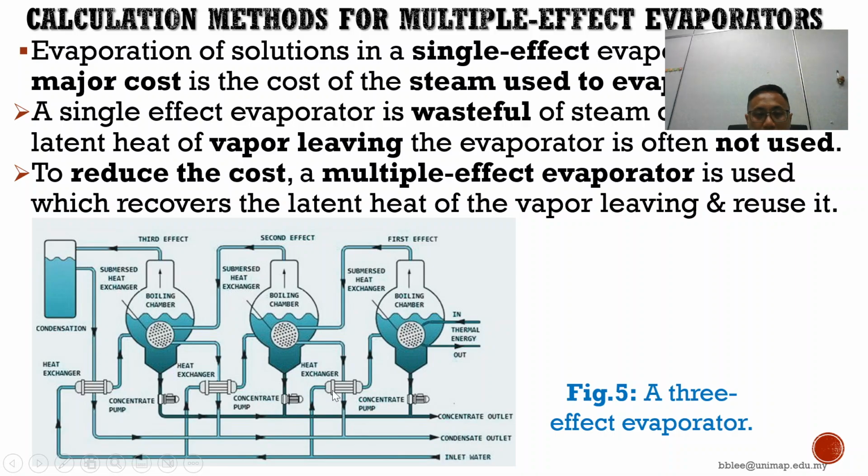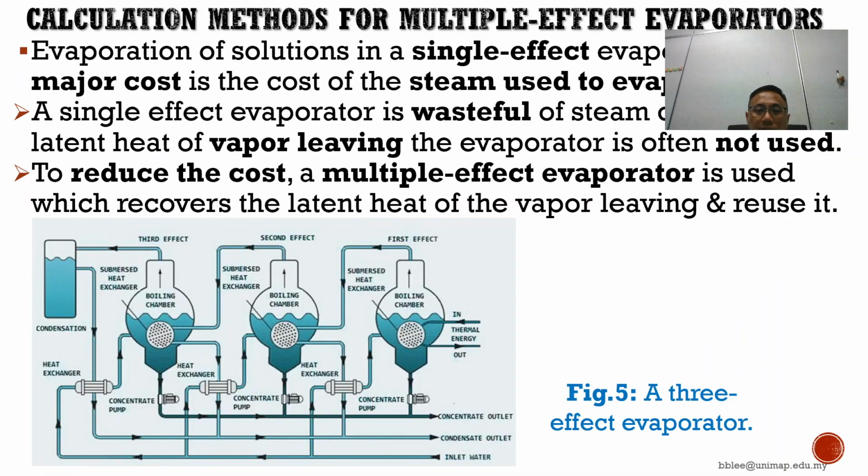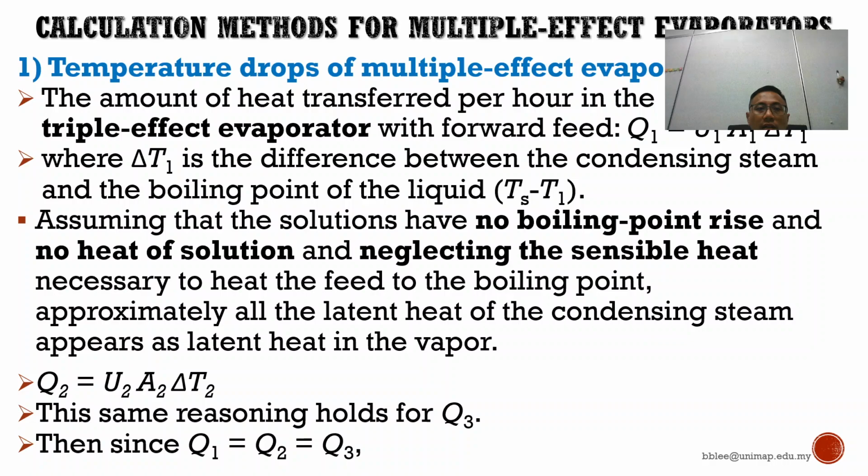From the first effect we get a slightly dilute product, from the second effect a slightly more concentrated product, and the third one will be the most concentrated product coming out of the evaporator. So this is a general schematic diagram of the multiple effect, three effect evaporator. Now, the first step of calculation is the temperature drops.